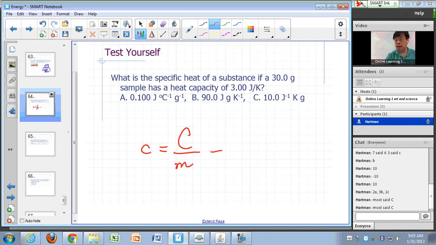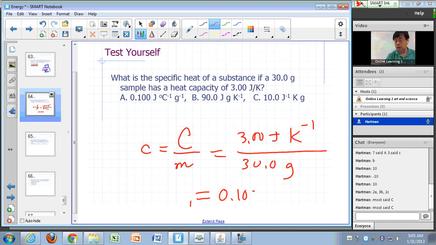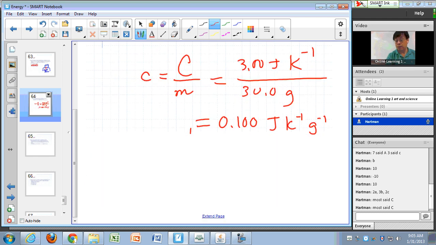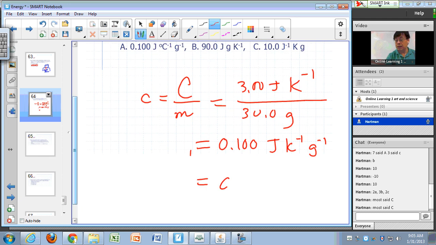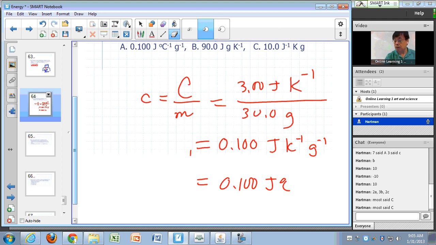Okay, let's see. Heat capacity is 3.00 joules per Kelvin, and the mass is 30.0 grams. So 3 divided by 30 is 0.100 joules per Kelvin per gram, which is the same thing as 0.100 joules per degree Celsius per gram.